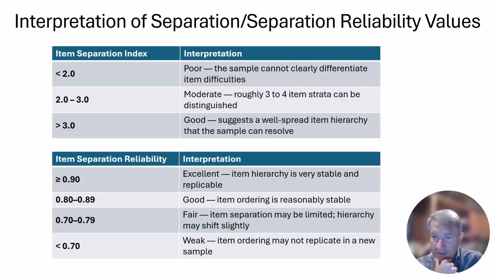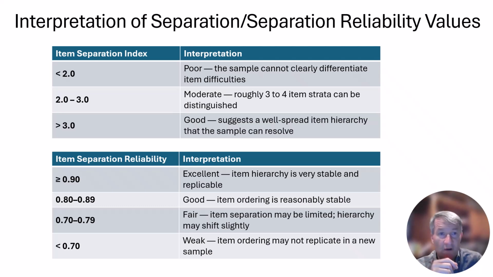I want to say a few things about how one might interpret item separation and item separation reliability values. If we look at the top table of the two, which is about the item separation index, we see that separation values 2 or below are considered poor because those values would result in less than 3 statistically distinct item difficulty strata or levels, which could be problematic for differentiating item difficulties and person abilities.